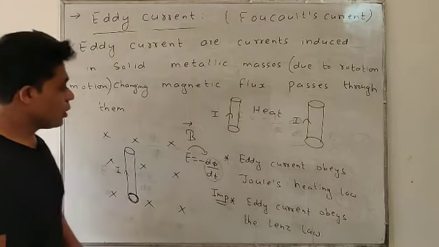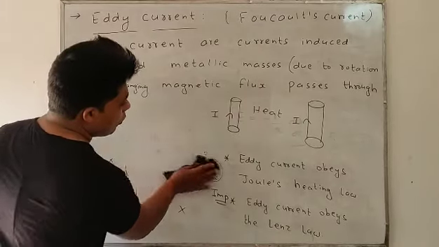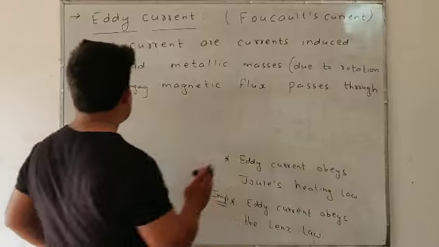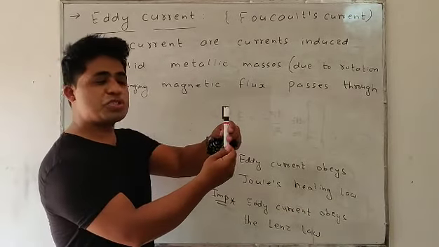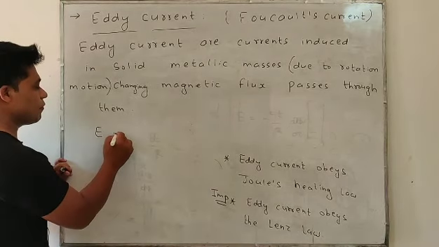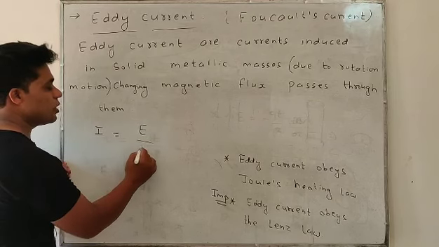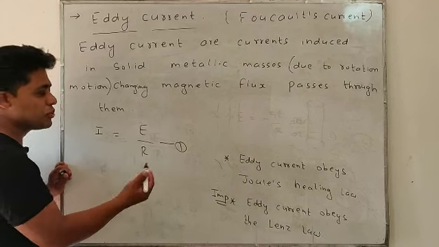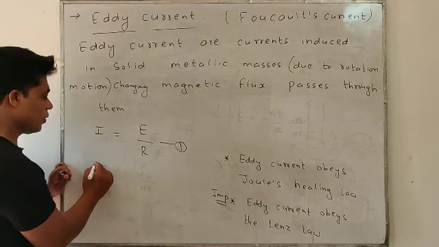Okay, students, now we'll discuss its mathematical part. When an object executes rotational motion, it induces EMF. R is the resistance of that conductor, E is the induced EMF, and I is the induced current.